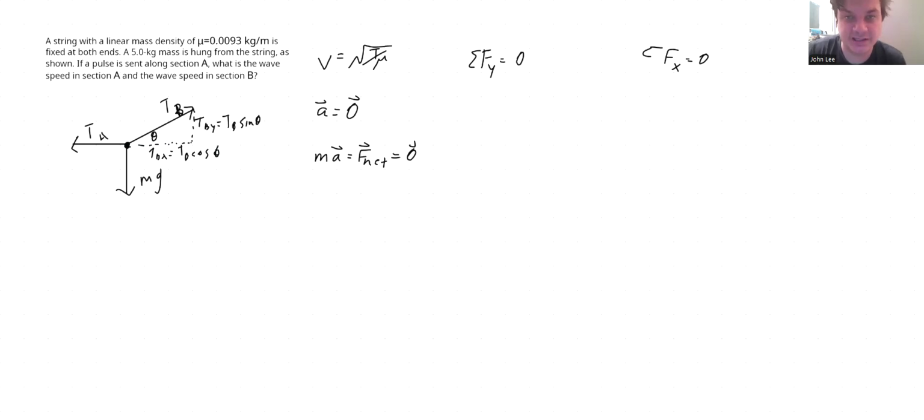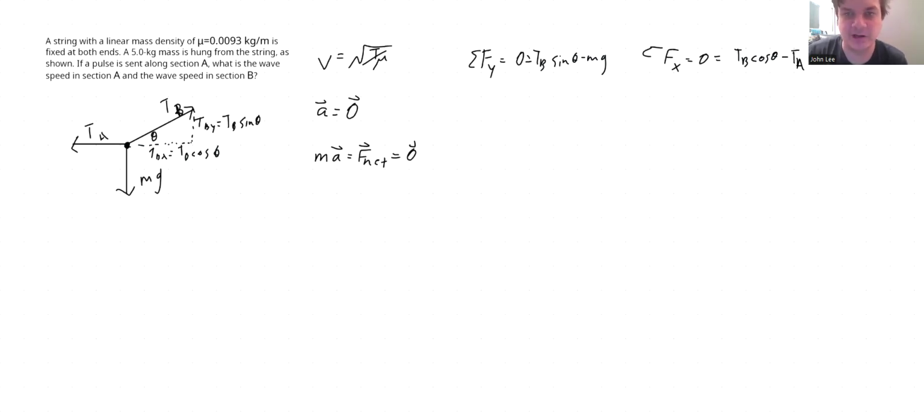So Fy is equal to TB sine theta minus mg, and Fx is going to be TB cosine theta minus TA, and both of those are equal to 0.